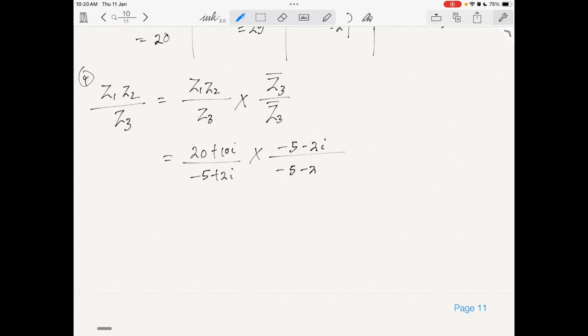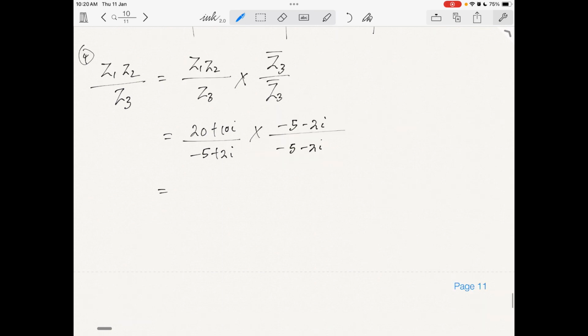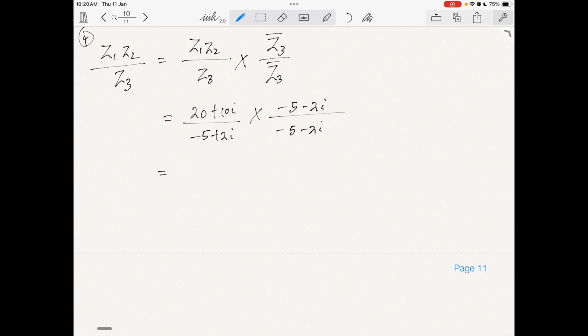Now having done this, we will now multiply out. So this will be 20 plus 10i multiplied by minus 5 minus 2i divided by minus 5 plus 2i multiplied by minus 5 minus 2i.